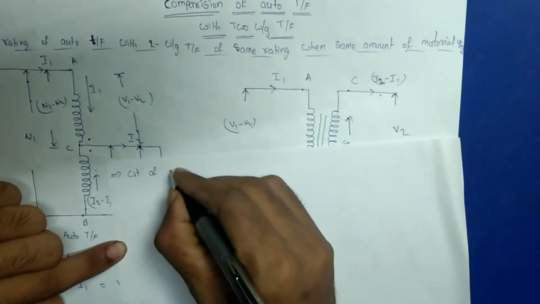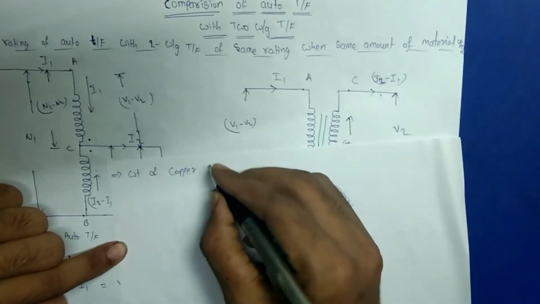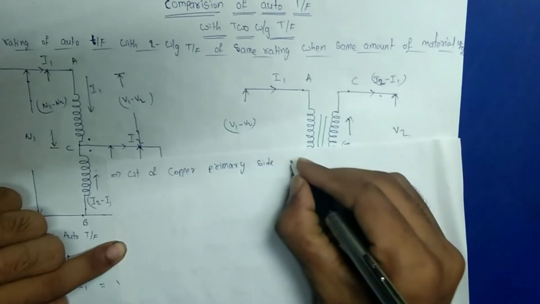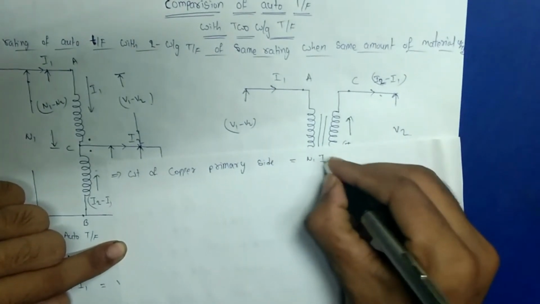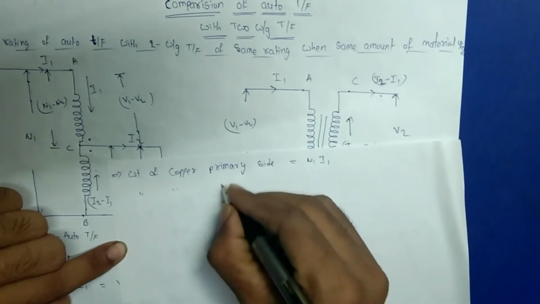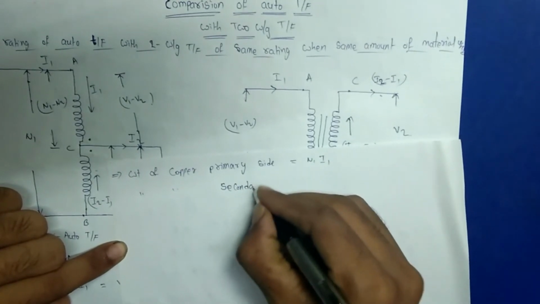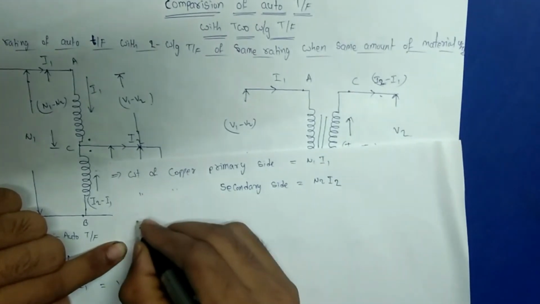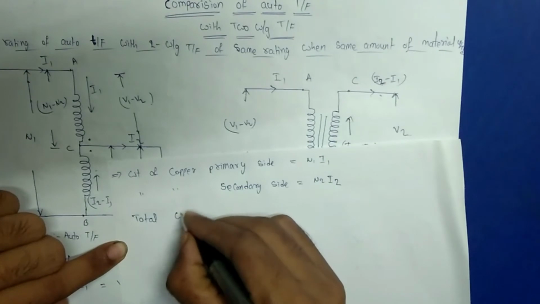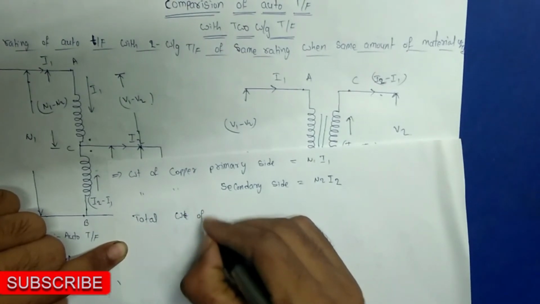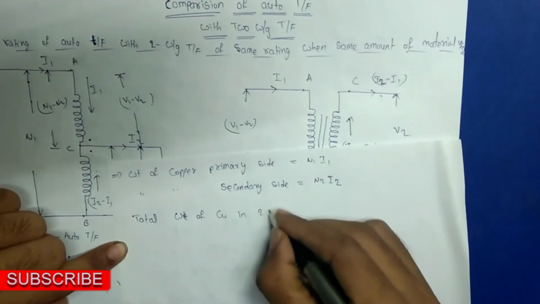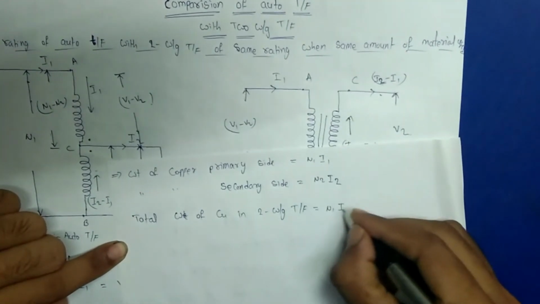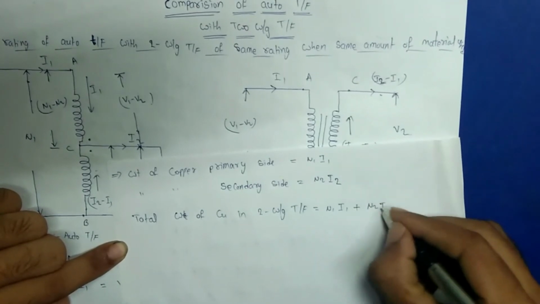Okay, then in two winding transformer, weight of copper on primary side is equal to N1 I1, weight of copper on secondary side is equal to N2 I2. Total weight of copper in two winding transformer is equal to N1 I1 plus N2 I2.